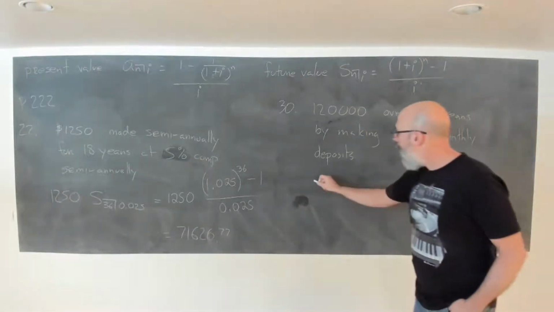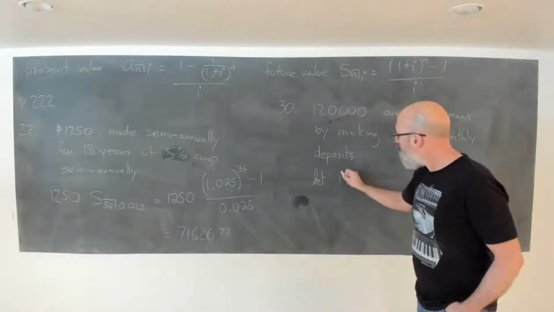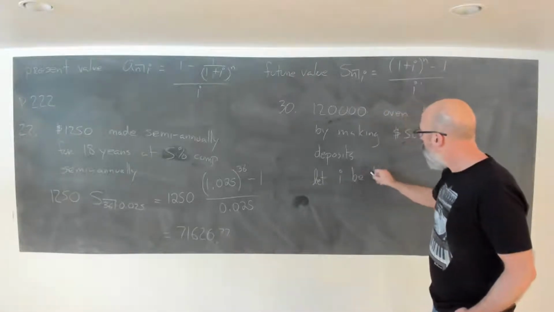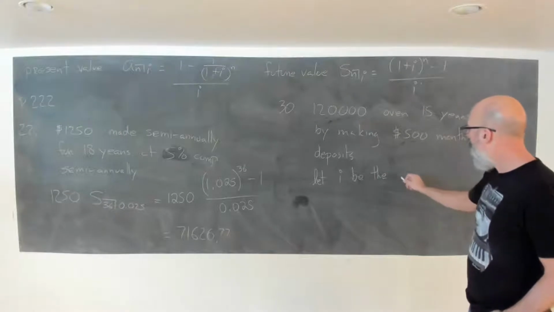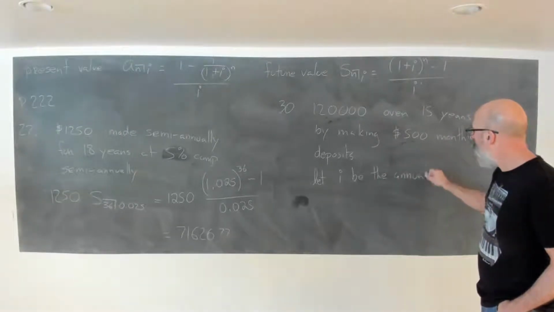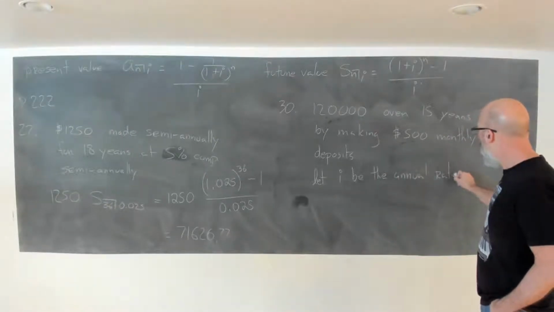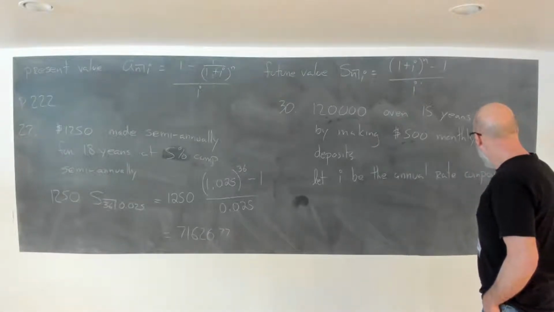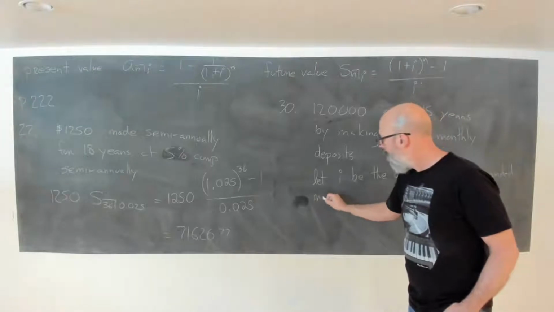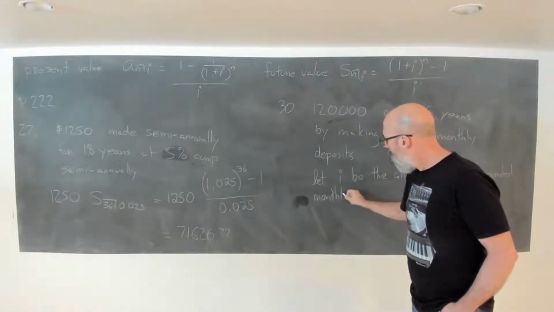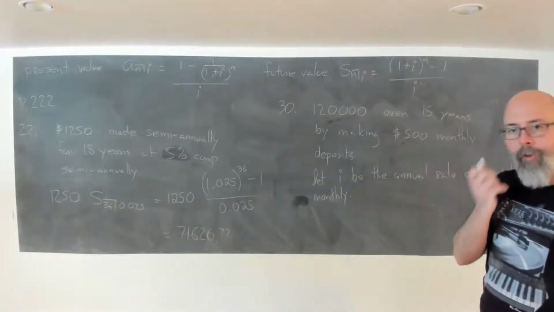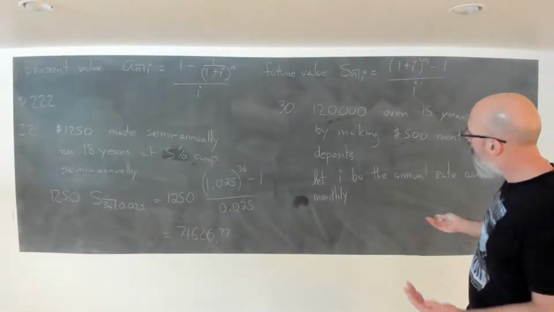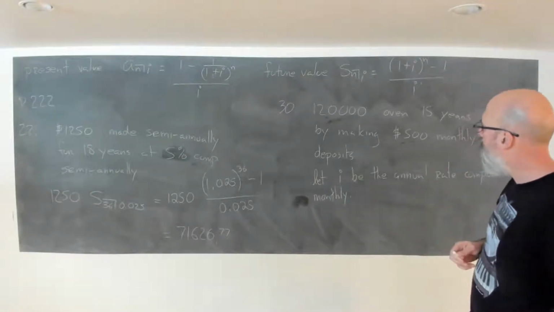So let I be the annual rate compounded monthly. That's what we're looking for. We don't know what that is. That's what we need to find.